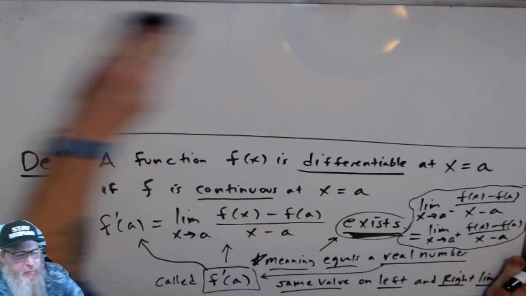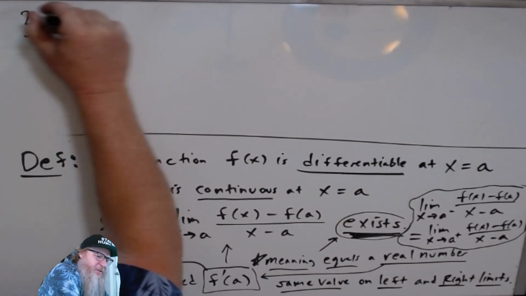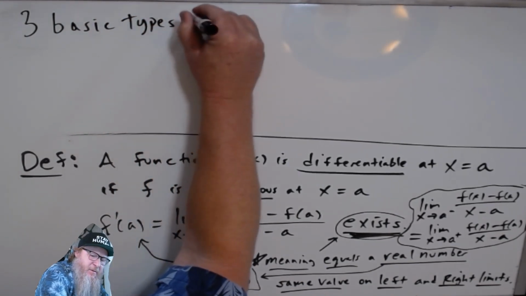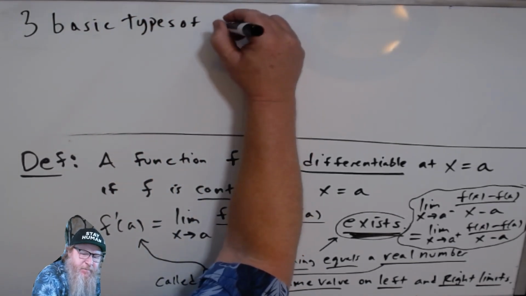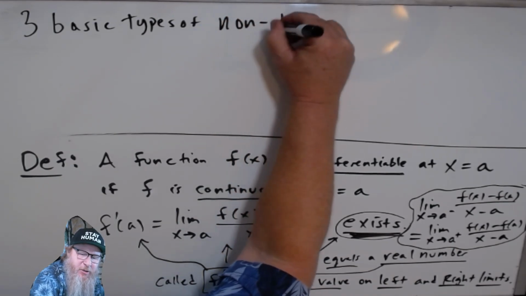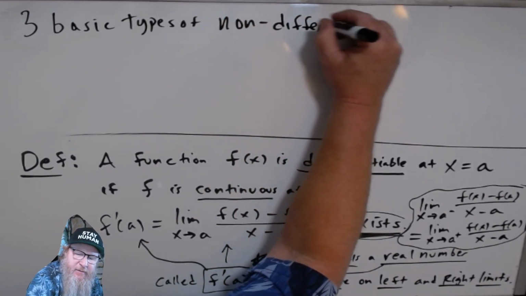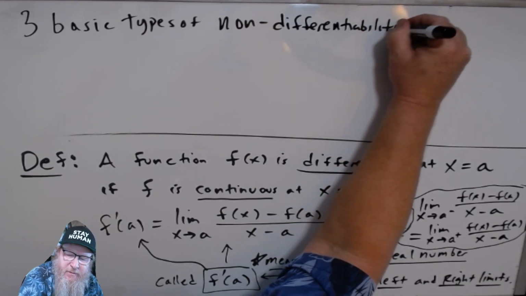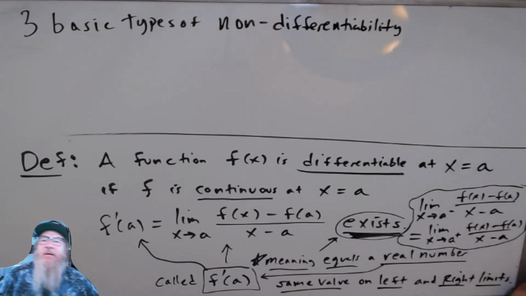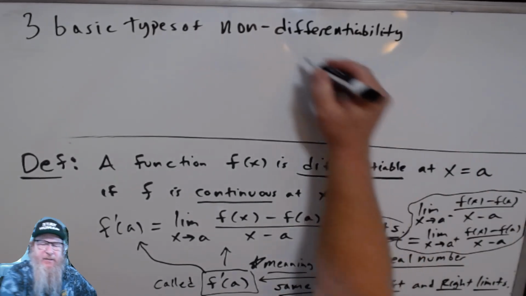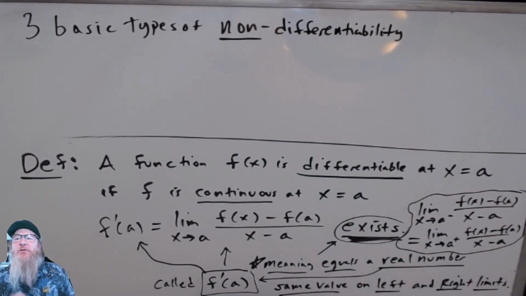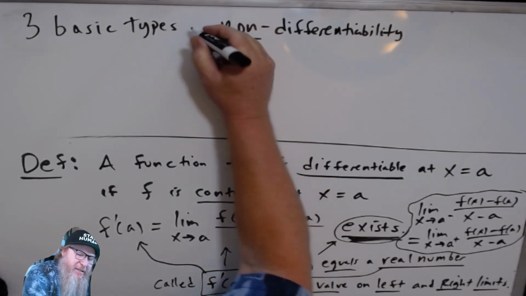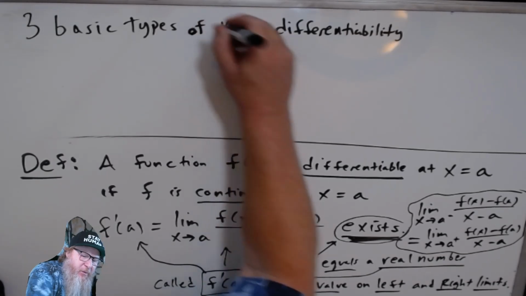So there are three basic types of non-differentiability. So three ways in which a function fails to be differentiable, or three ways in which a function is non-differentiable.